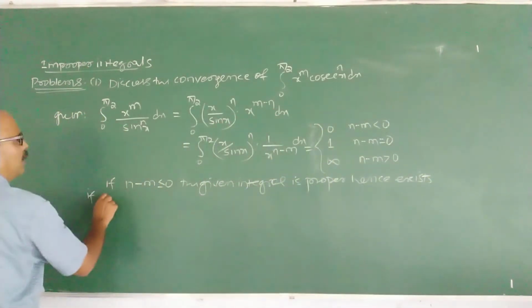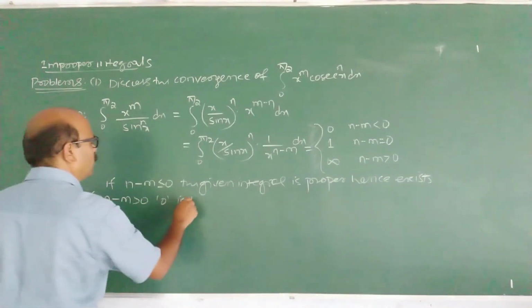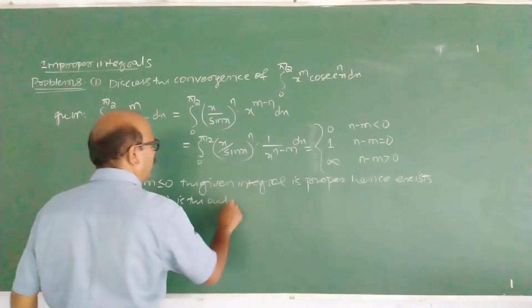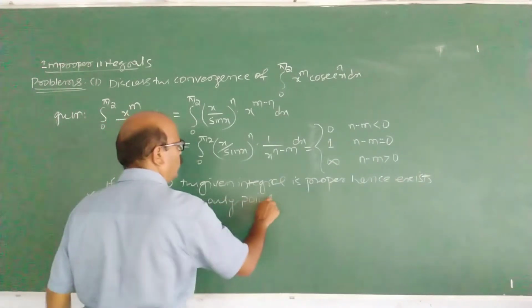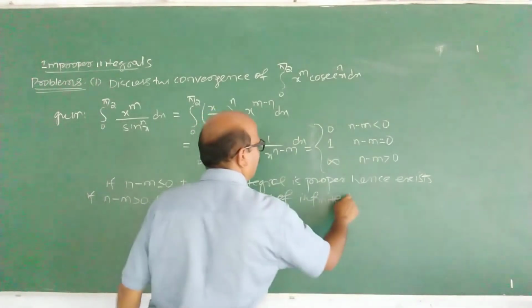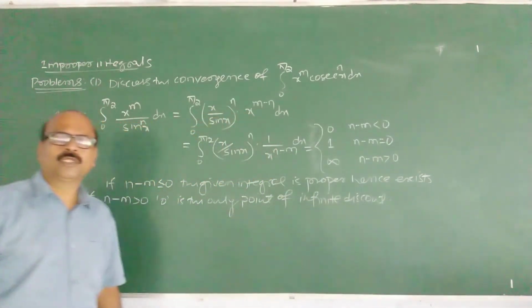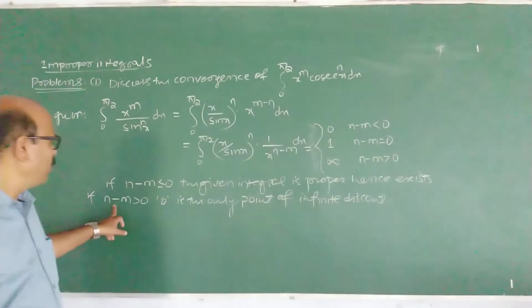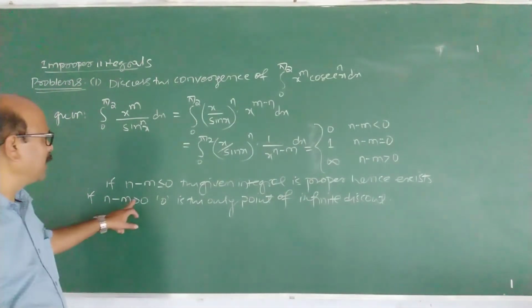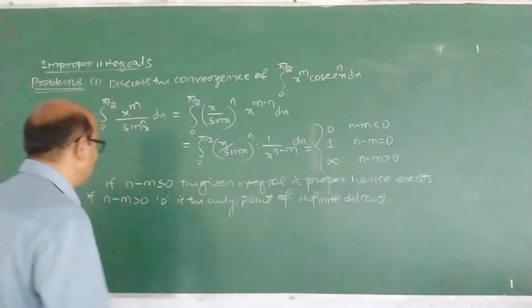If n minus m is greater than 0, 0 is the only point of infinite discontinuity. So the problem is when n minus m is greater than 0, this 0 becomes a point of discontinuity.